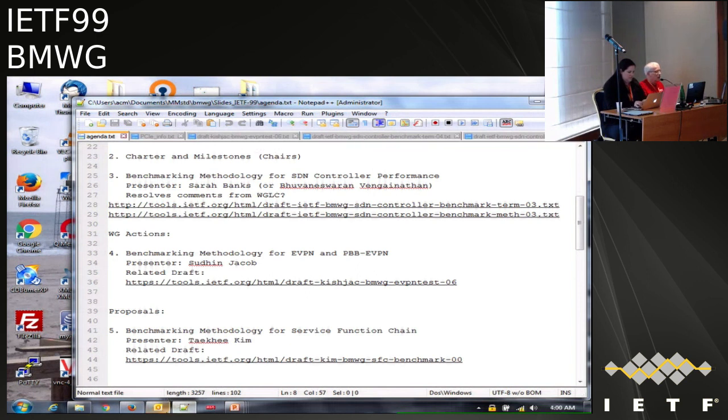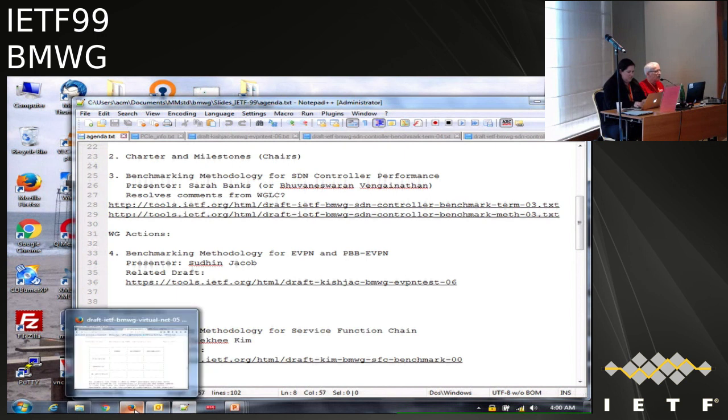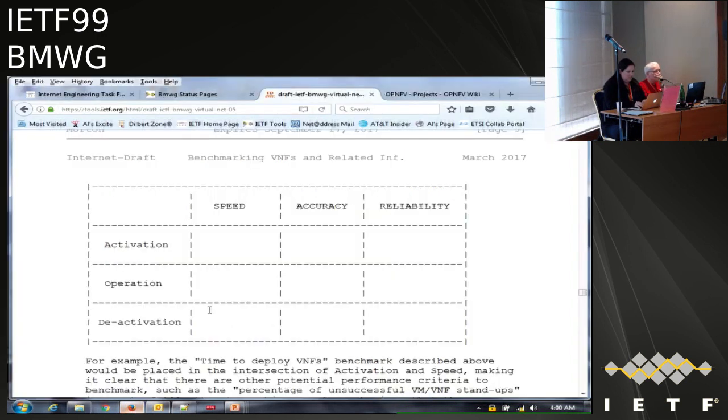related to one of the drafts that we've just got approved and basically all the way through the publication process. And that is the considerations for benchmarking VNFs and related infrastructure. This will be RFC 8172 as soon as the editors announce it. Everyone's now satisfied with what we've got there, including the editors.